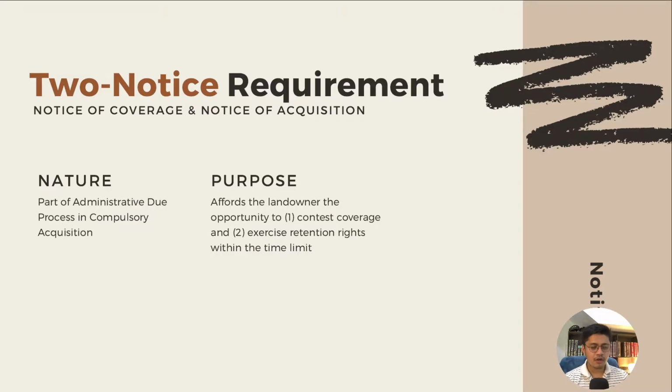The nature of the two notice requirement is that this is part of granting administrative due process. Due process means that the person affected, the person concerned, is given the opportunity to be heard, the opportunity to contest a governmental act.